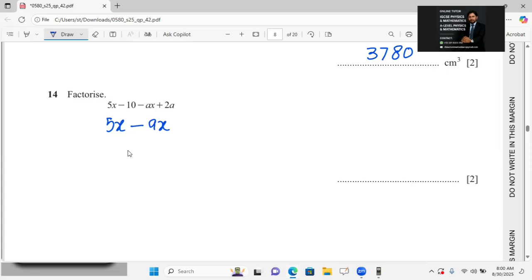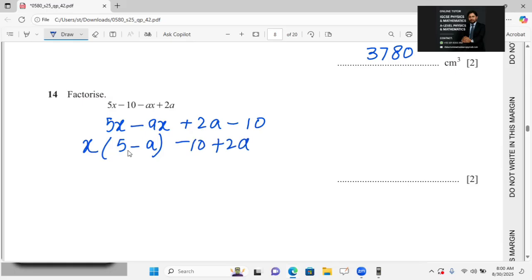AX is being taken plus 2A minus 10 over there. Let's go with it. So I'm taking X as common. It is 5 minus A. And take this one also, like minus 10 plus 2A.